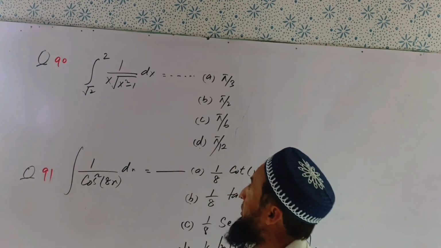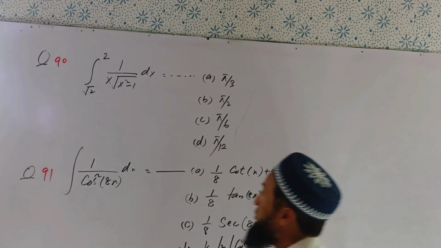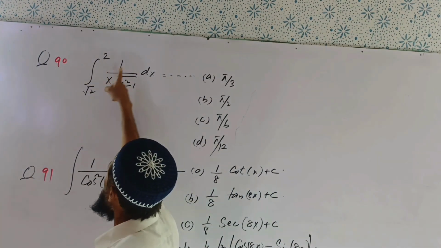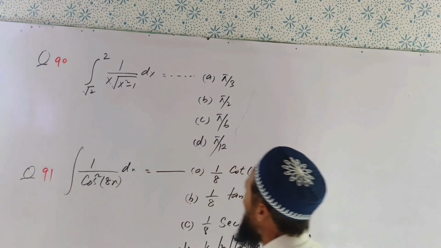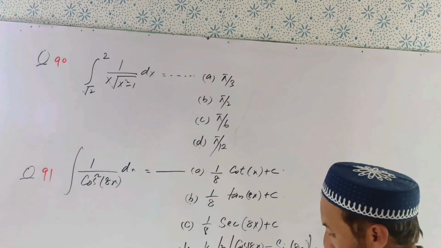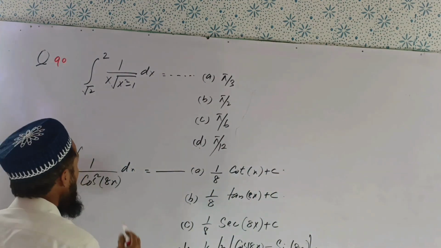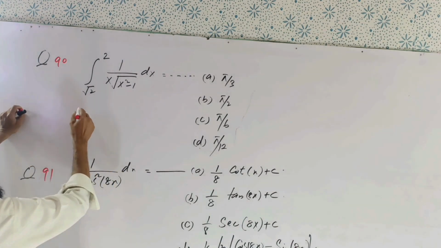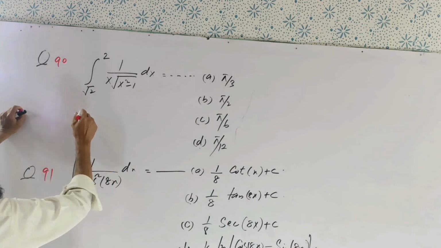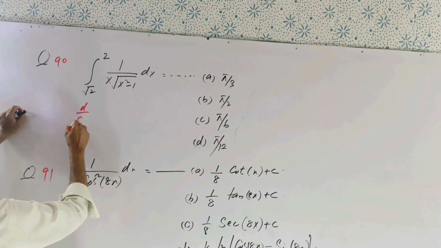So, dear students, the lower limit is 2 under root, the upper limit is 2, and the integrand is 1 divided by x under root of x square minus 1. As we know this formula, you must remember the derivative of secant inverse x.